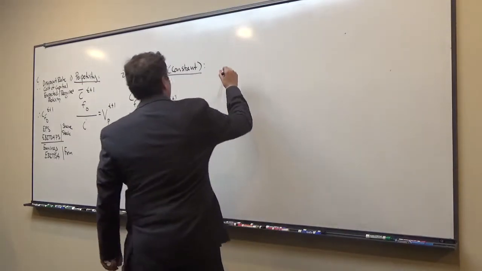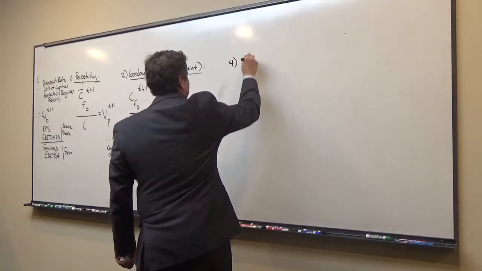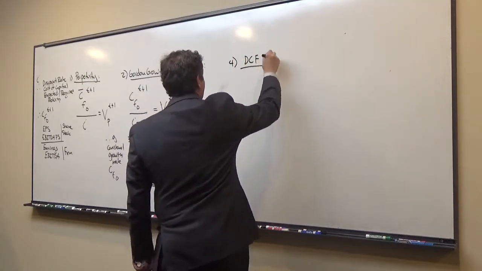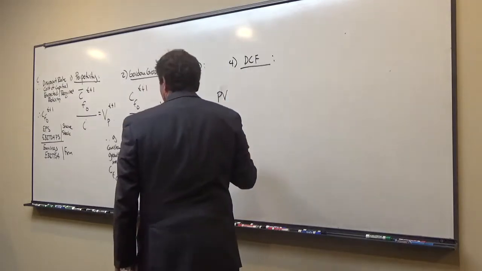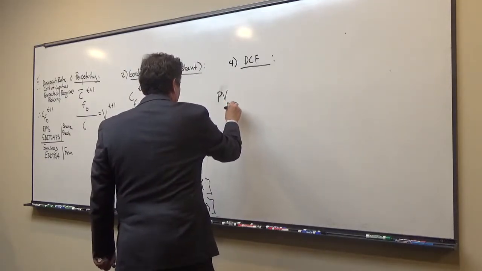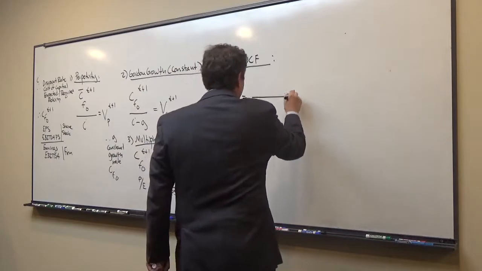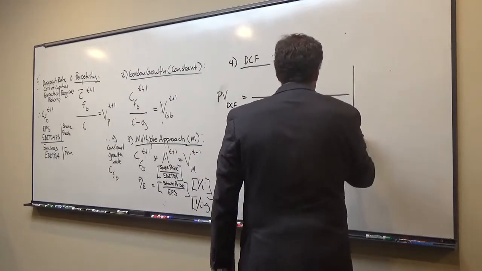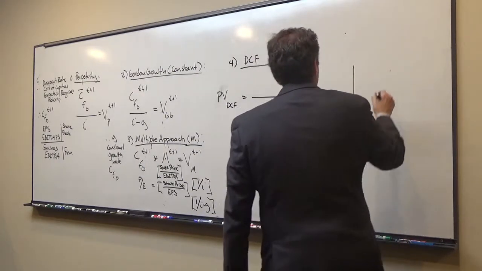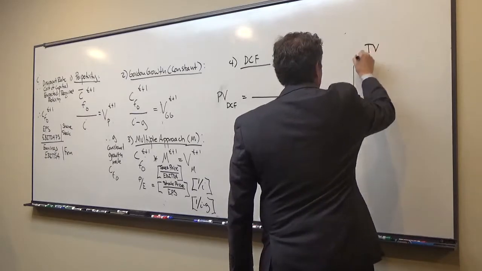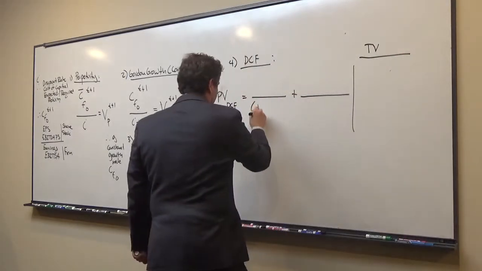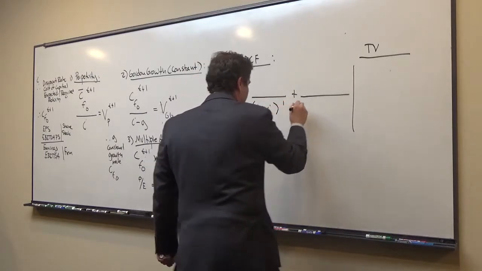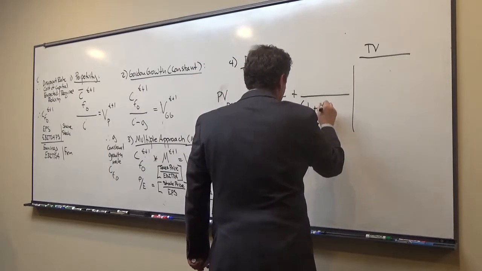And then the DCF. For this kind of cash flow, I'm going to do a 2-period model. I'm really looking for the present value of the DCF. This is how I like to set it up. I know that this is 1 plus I to the 1, and this is 1 plus I to the 2.